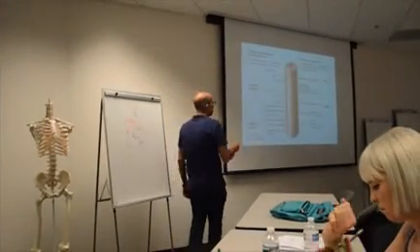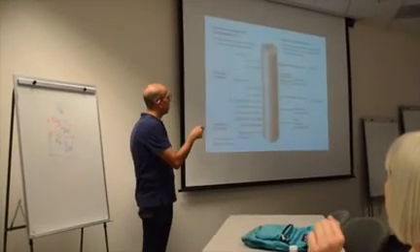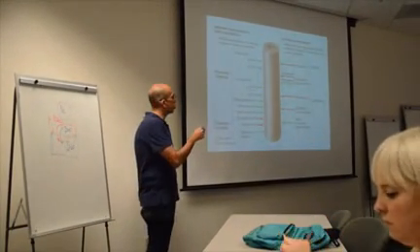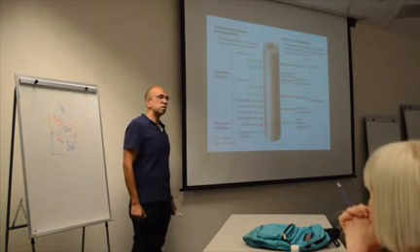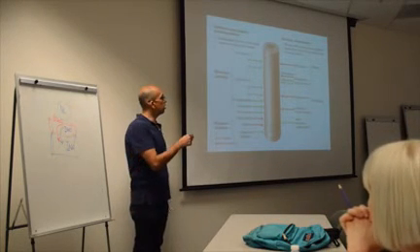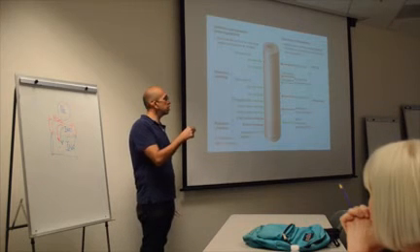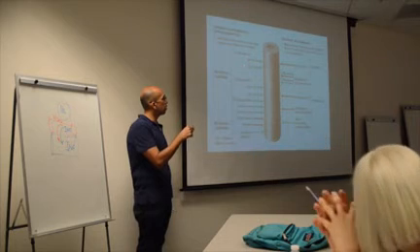So you have metabolic controls, like what? Like pH, like oxygen. If I have a reduction in the oxygen or pH, what's going to happen to my blood pressure? Do I need to increase or decrease my blood pressure? What do you think?